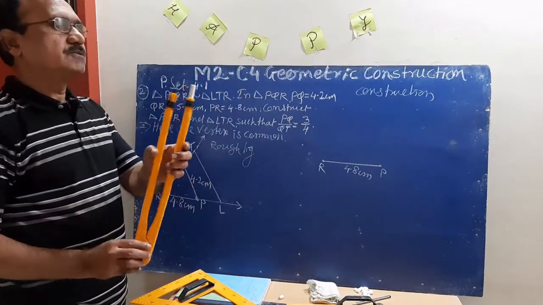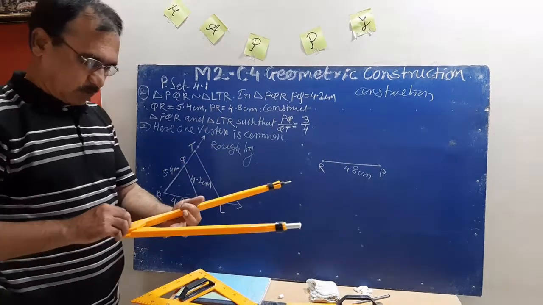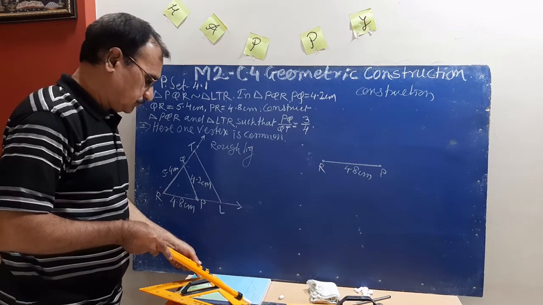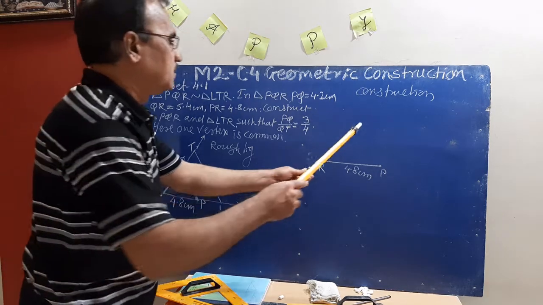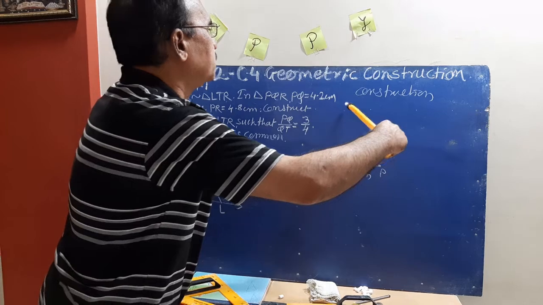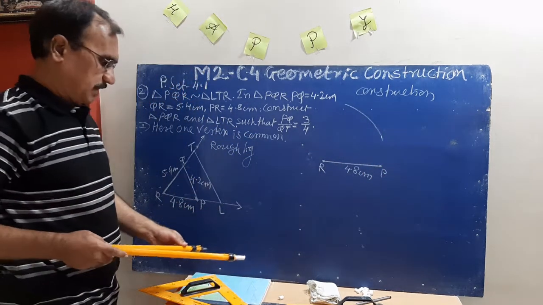Take radius 5.4 with the help of a scale. Put your pointer and draw an arc having radius 5.4.